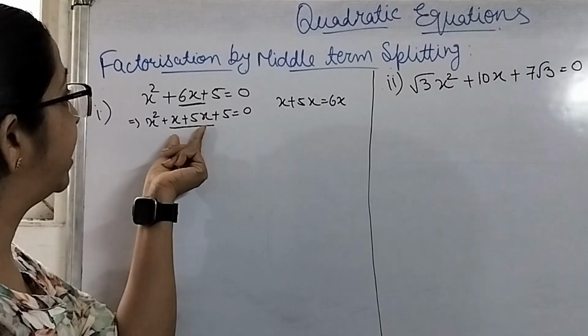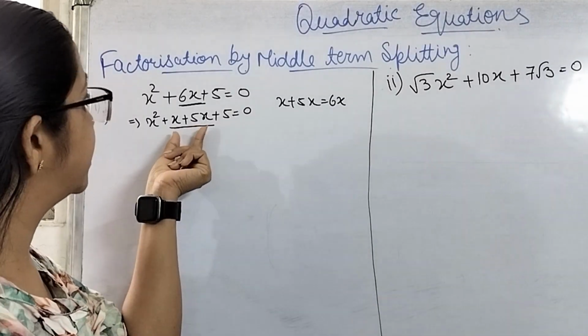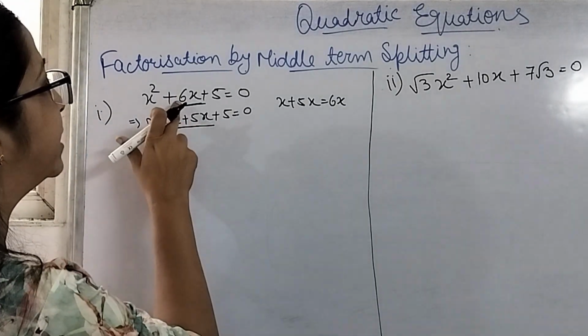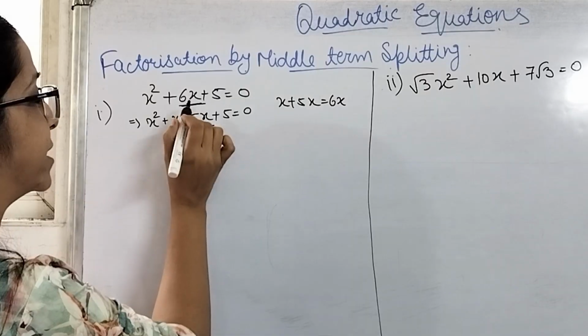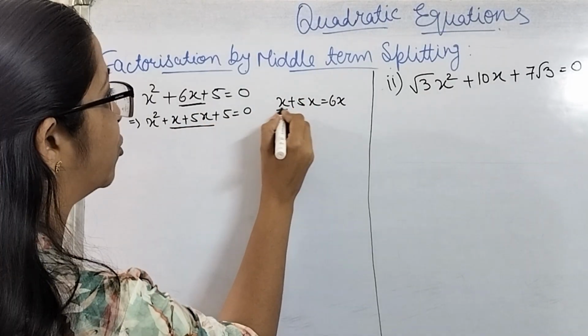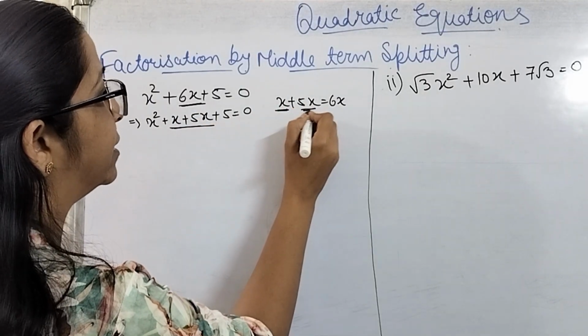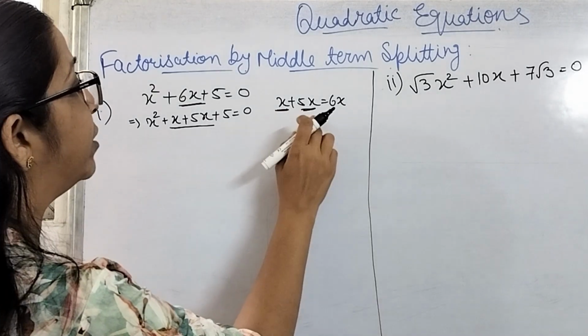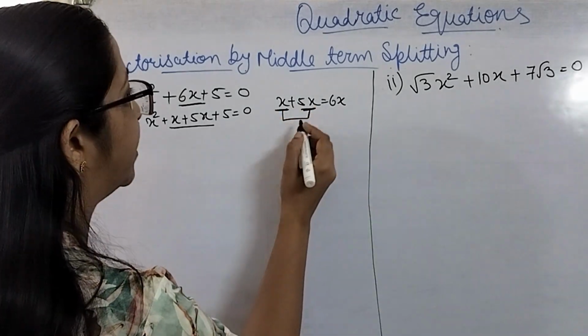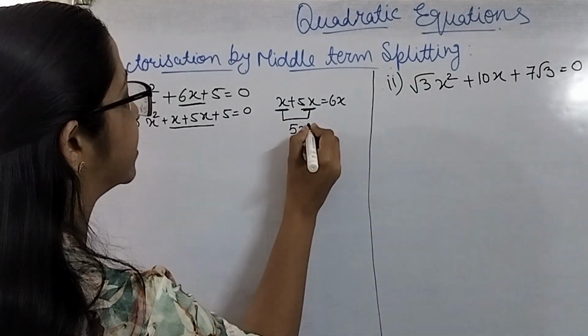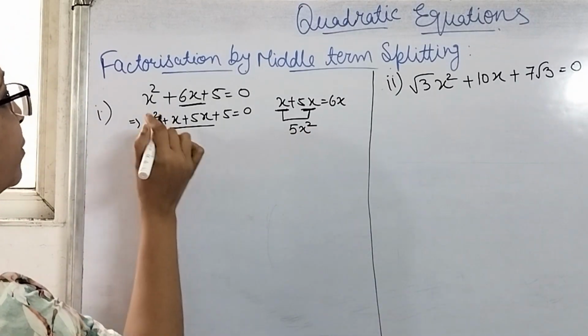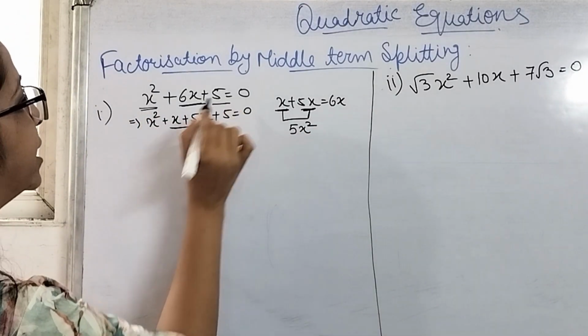That means when we add these two terms, the sum should be equivalent to the middle term, that is 6x. And the product of these two terms, one term is x, another term is 5x. When we multiply these two terms, the product is 5x square, and this product should be equivalent to the product of the first and third term.